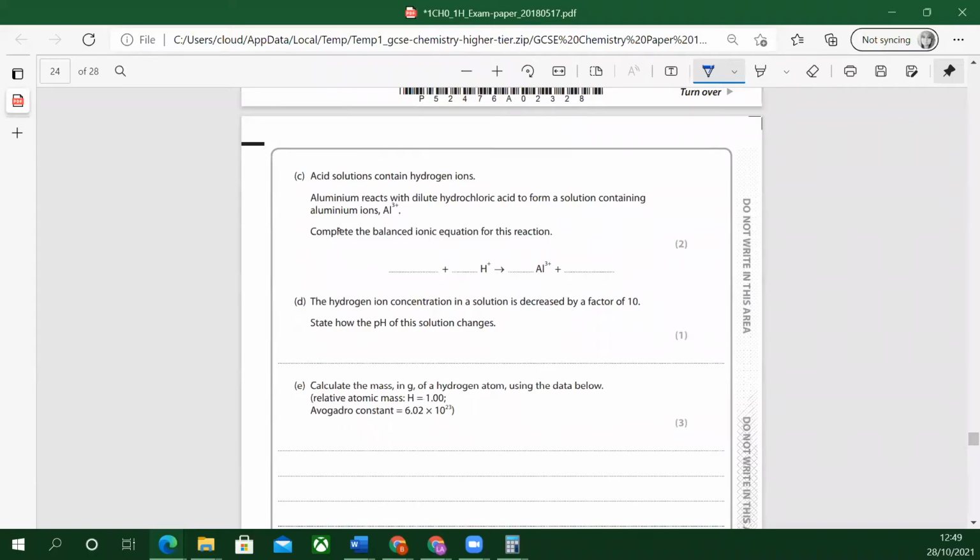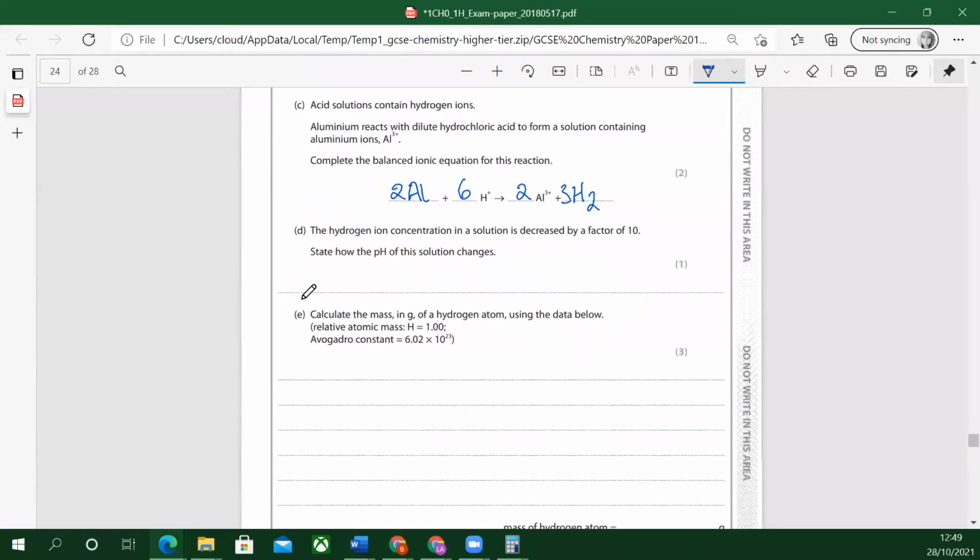We've got H+ there, so we need Al3+ and H2. Then we need to balance it. This again is a bit of trial and error: 2Al plus 6H+. This is quite a difficult one, really. Okay, so that'll give you the 2 marks.